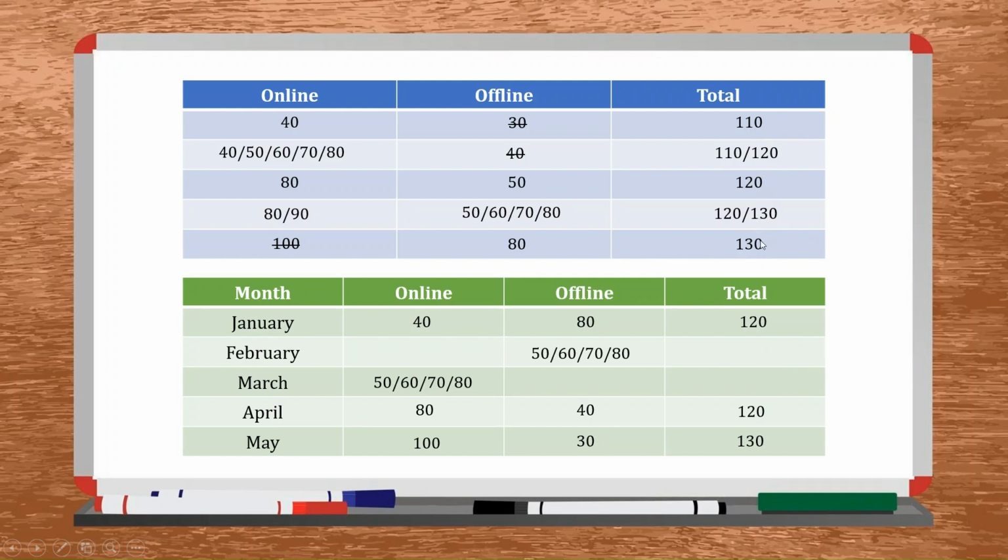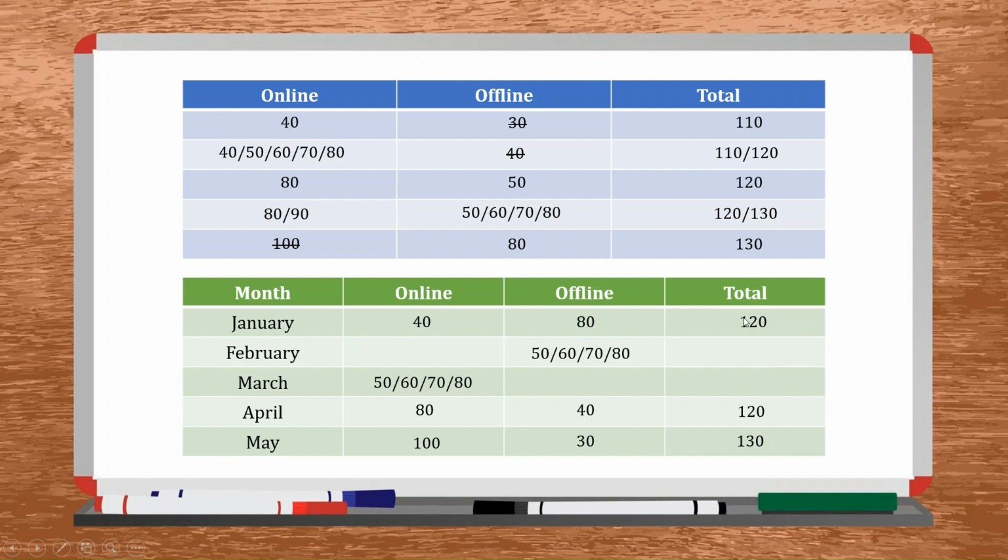That's also one possibility of total. But there definitely has to be one 110, the minimum value. So either February has to be 110, or March has to be 110 in the total. So definitely one 110 has to be there.